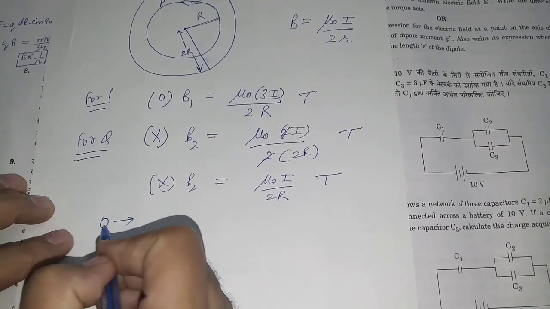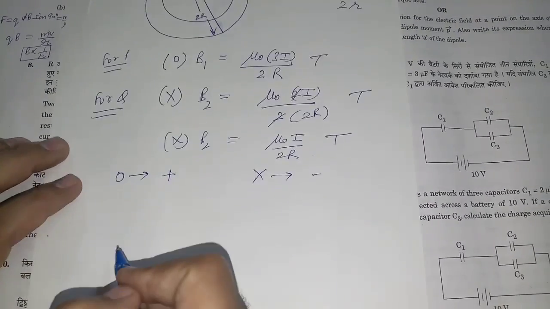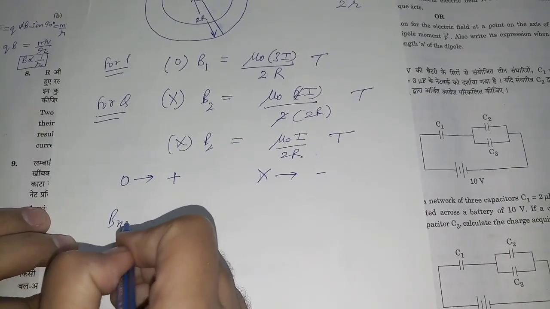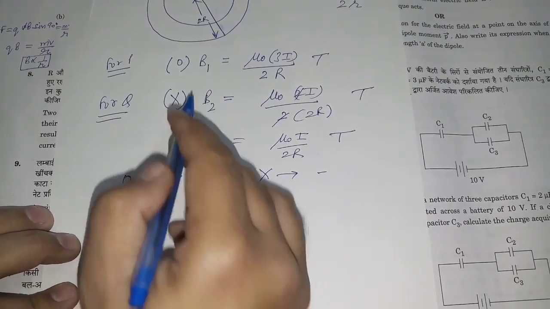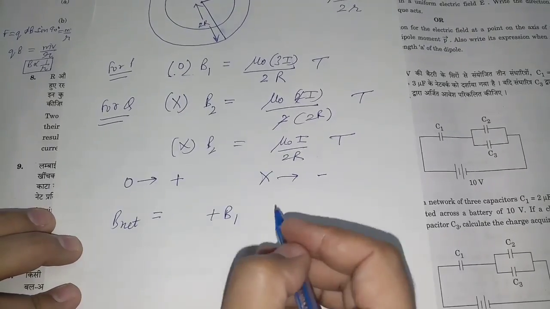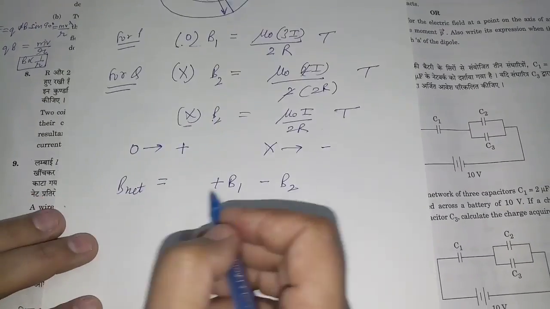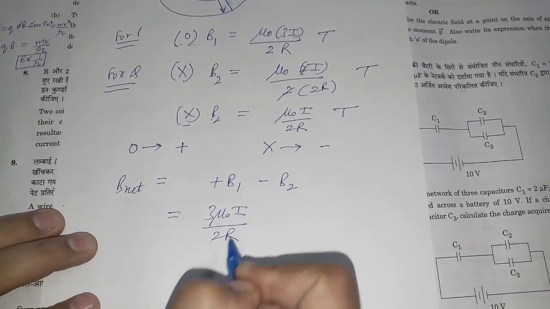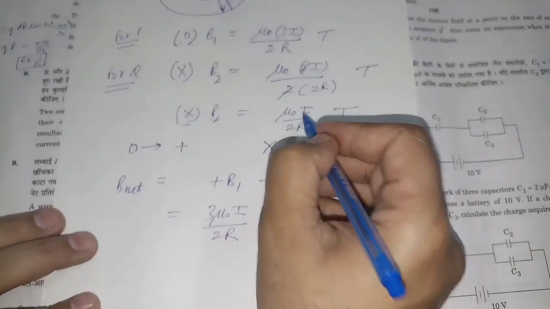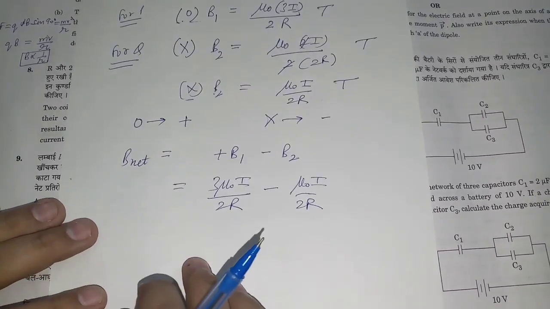Let's suppose the outward direction I am taking as positive and inward as negative. So we can write the net magnetic field as plus B1 because we have B1 in the outward direction, minus B2 because we have B2 in the downward direction. So B1 is 3 mu naught I upon 2R minus B2, which is mu naught I upon 2R.